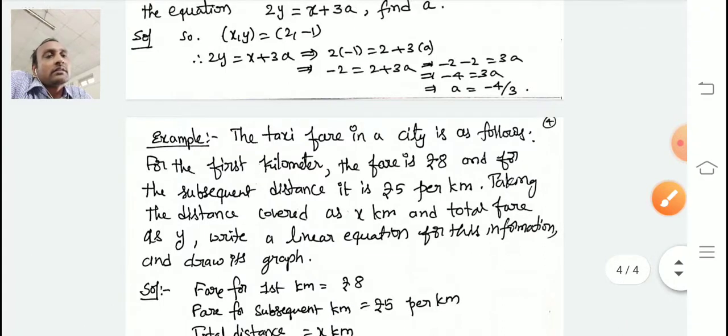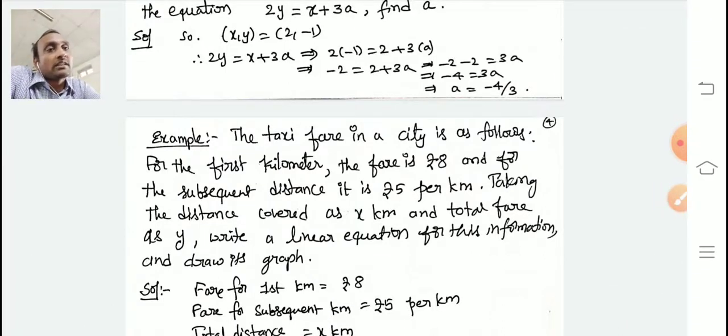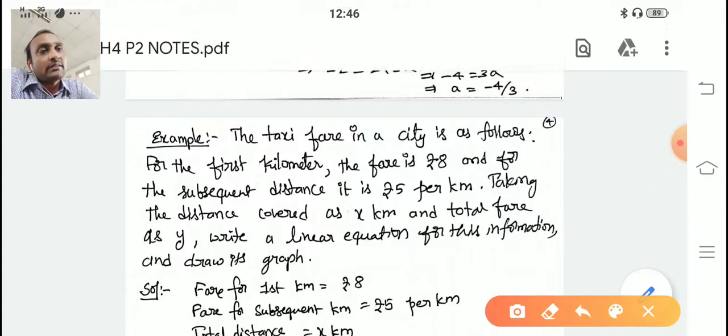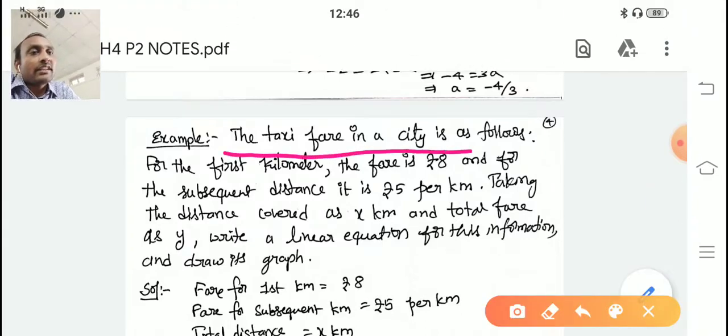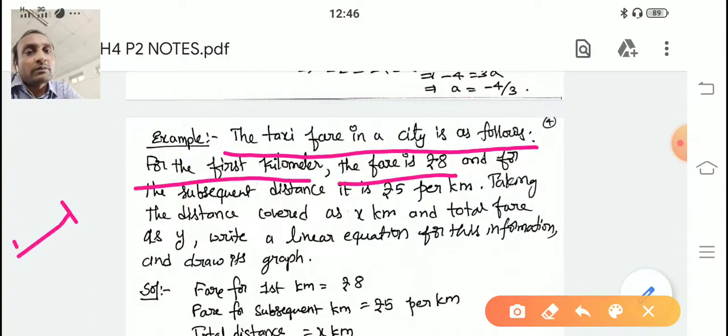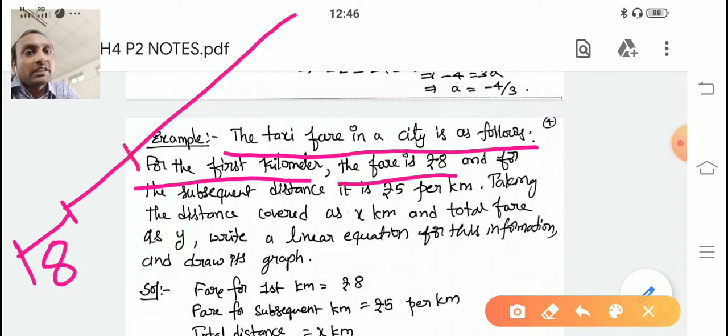Next, this is the word problem, very important. You can expect it in the exams as a 4 marker or a 3 marker question, very very important. The taxi fare in a city is as follows: for the first kilometer, the fare is rupees 8, that means for the first kilometer you have to pay 8 rupees. Then for the subsequent kilometers, for each kilometer you have to pay 5 rupees.